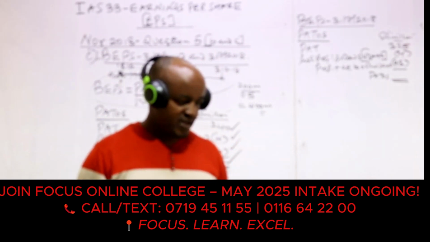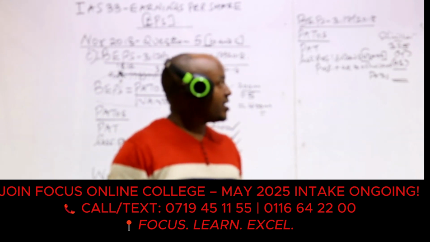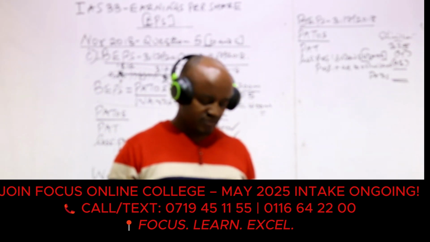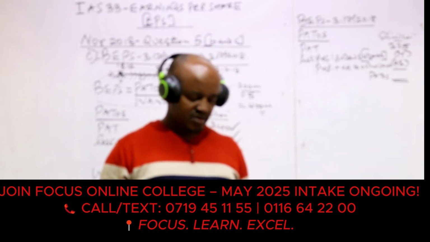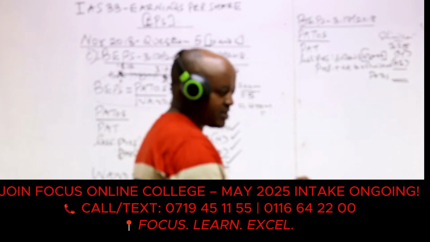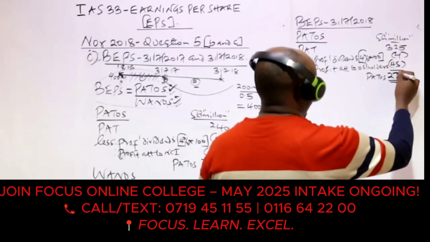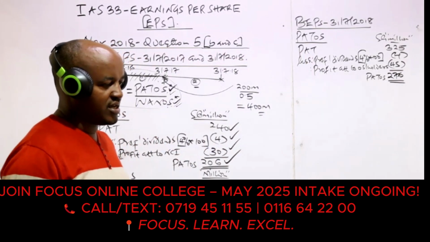So this will be a figure of what? 325 minus 4 minus 45. Minus 45. So that will give us a figure of 276. So that is the PATOS.